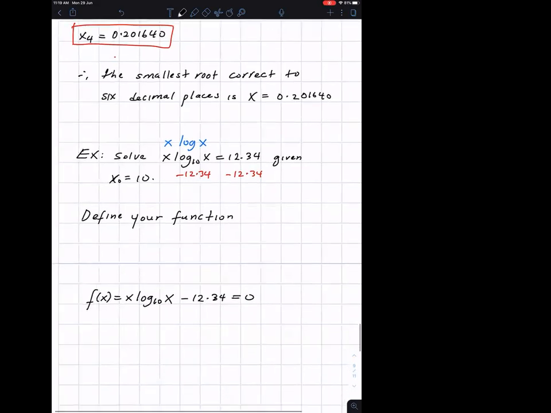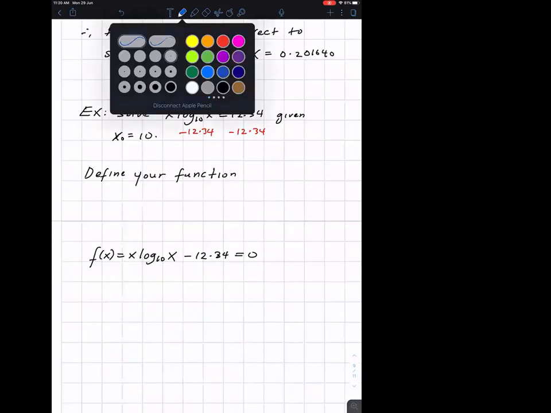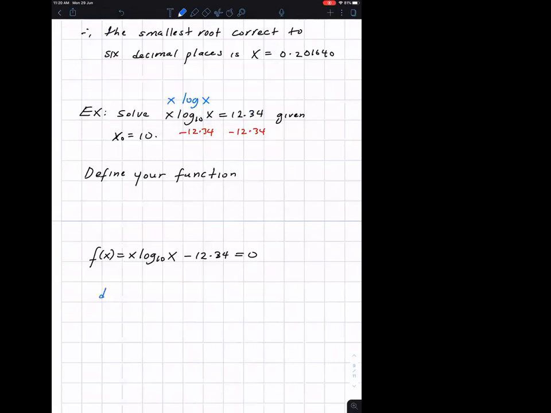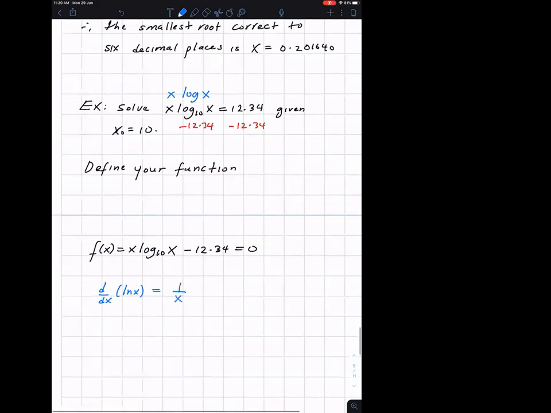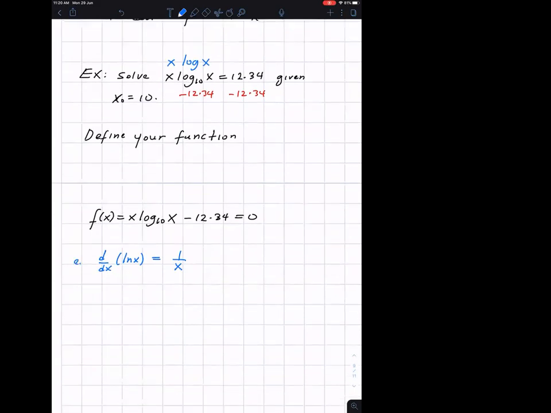Okay, just for a quick review, you know that the derivative of natural log x is equal to 1 over x, correct? So what is the derivative of log base 10 x? It's equal to what?